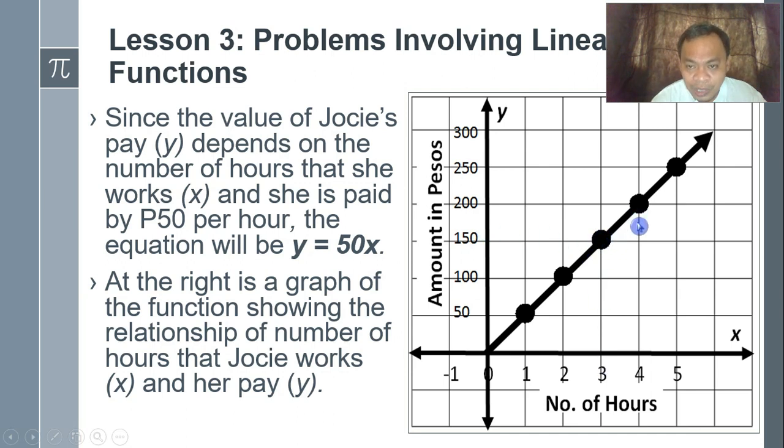Kung 4 hours, ang kanyang sahod ay 200 pesos. At kung 5 hours, ang kanyang sahod ay 250 pesos. And we can now connect the points. So, this is now the graph of the function showing the relationship of number of hours that Josie works and her pay. Okay? Number of hours at ang kanyang sahod.